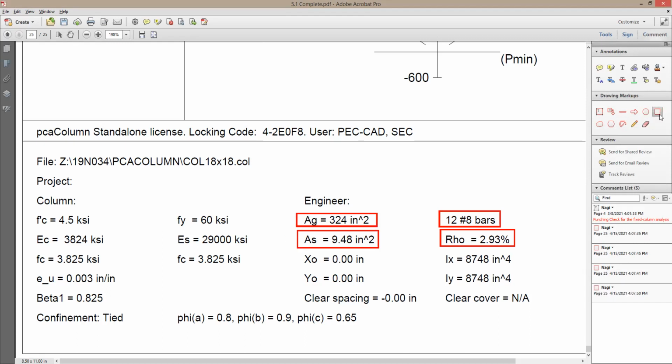Other important information from the data that I just put in was the 4.5 KSI and 60 KSI.